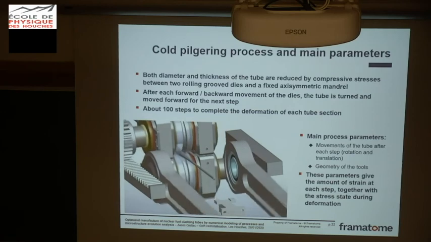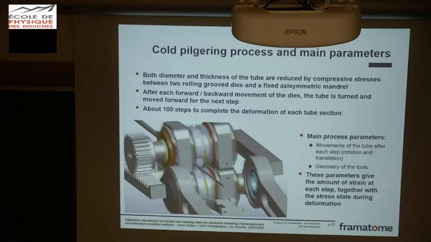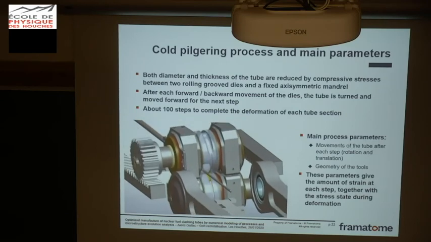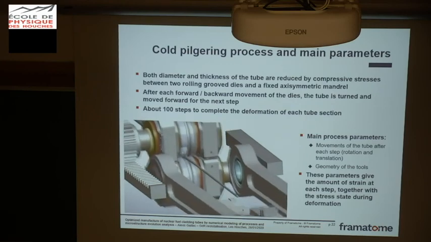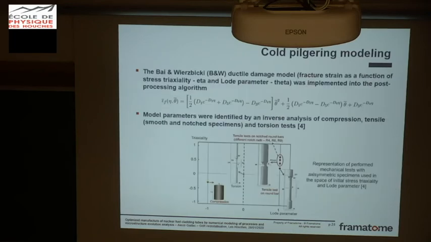And for this, of course, we try to optimize mainly the design of the dies in order to reduce the damage during the process. I will go faster on this because it's more dedicated to ductile damage mechanics, so it's maybe not the topic here, but we have some models to compute the complex mechanical history of the material during the process.